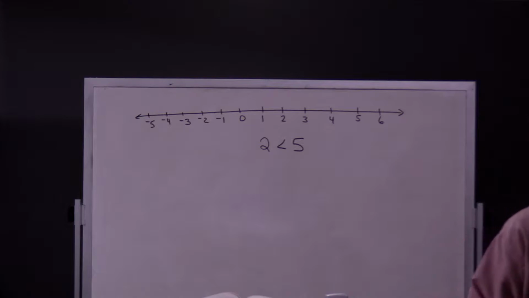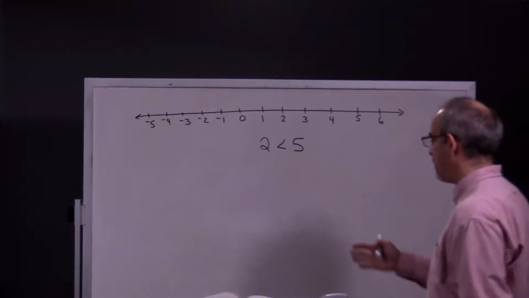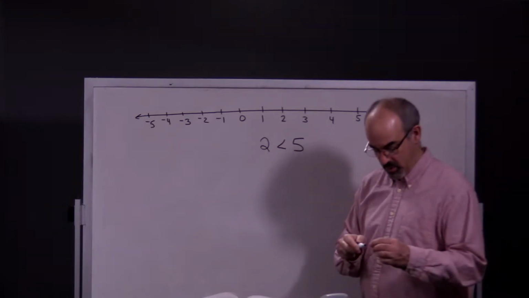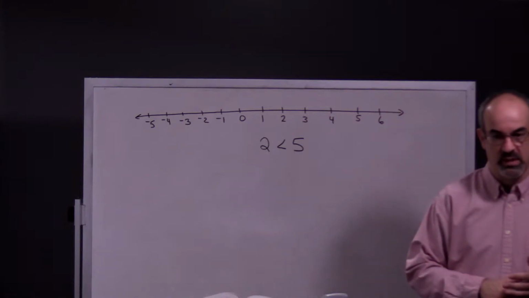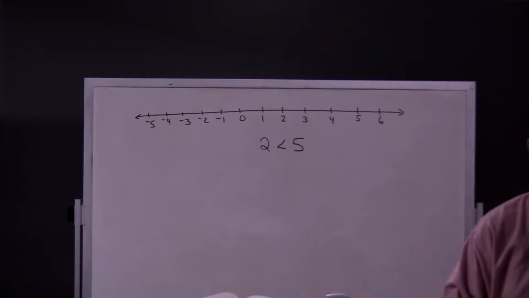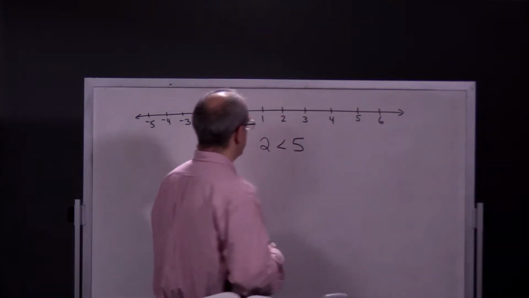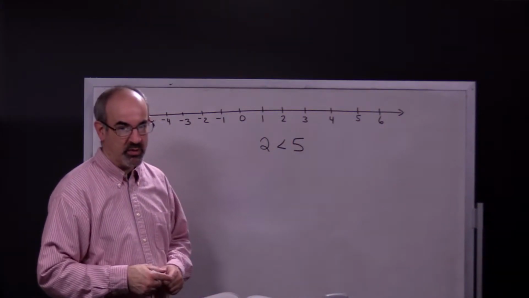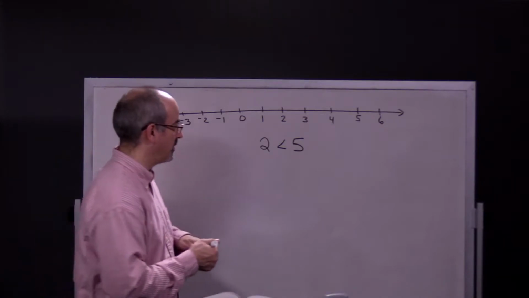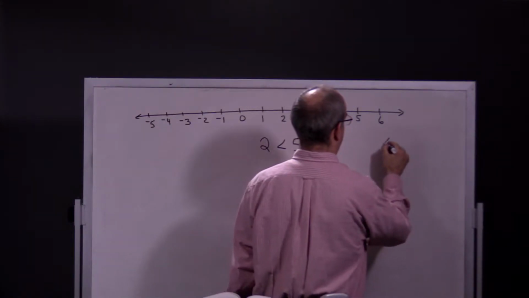In between the two numbers in this particular example, we don't put an equal sign because 2 does not equal 5. Okay? This symbol that we put in between the 2 and the 5 is the symbol for lesser than.